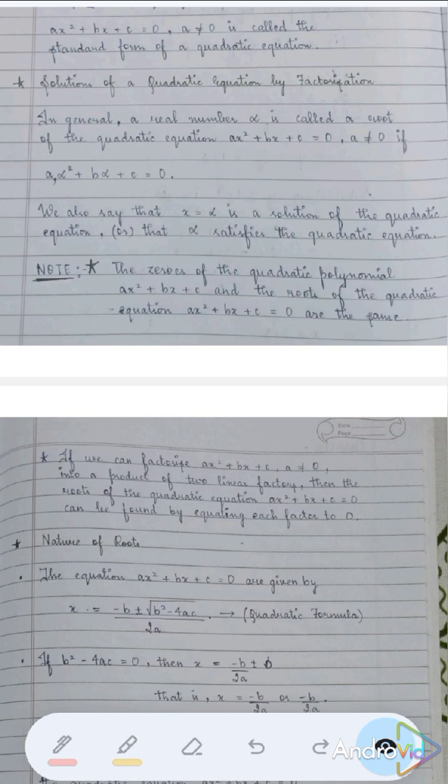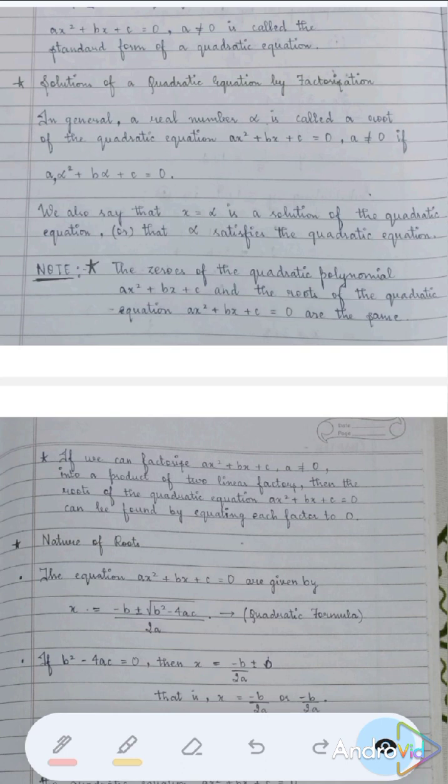Here there are two notes given. The first note is that the zeros of the quadratic polynomial ax square plus bx plus c and the roots of the quadratic equation are not different but the same. Roots and zeros are two different names.